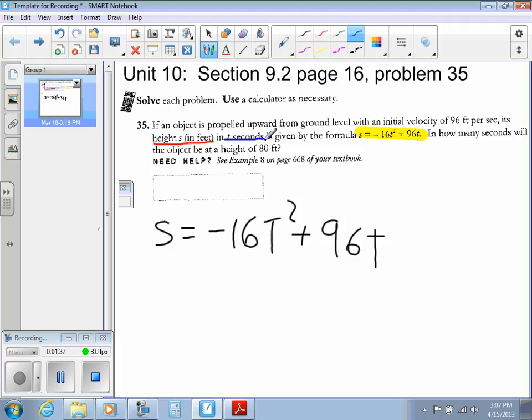The 96 is in the formula, so we don't have to worry about that. But what we do need to worry about is they want to know in how many seconds the object will be at a height of 80 feet. That's what we need to plug in. And for some reason they used s for the variable for height.